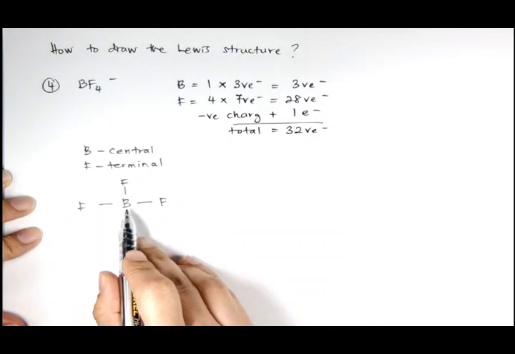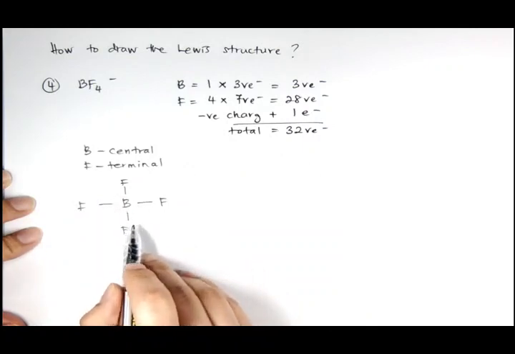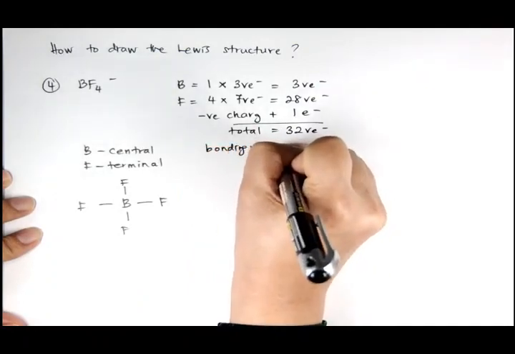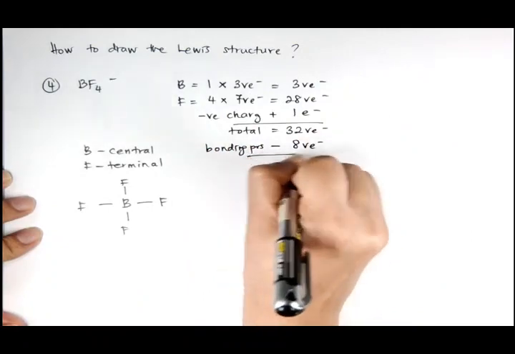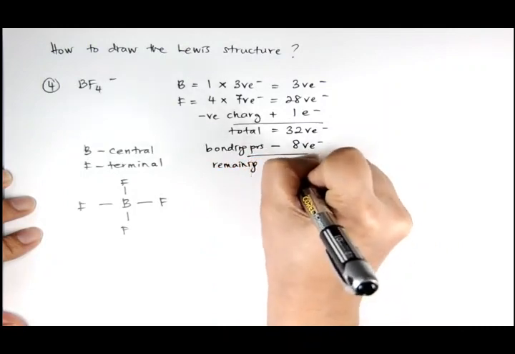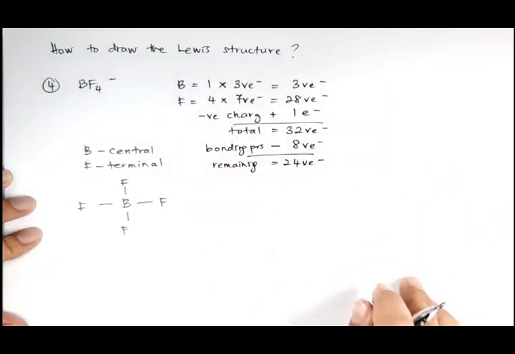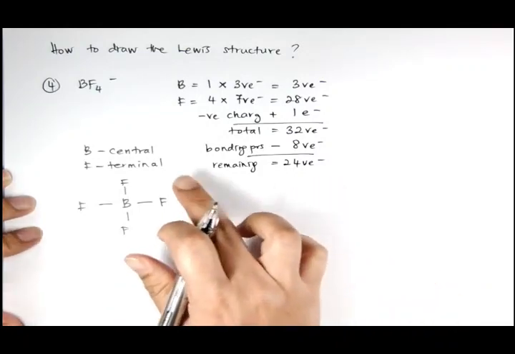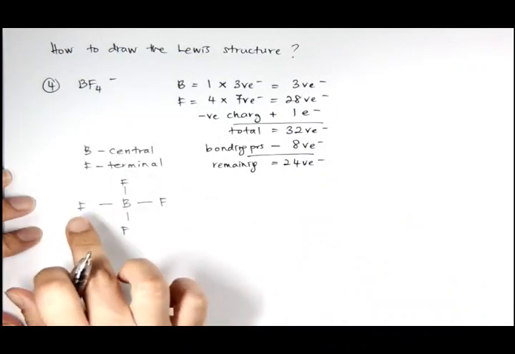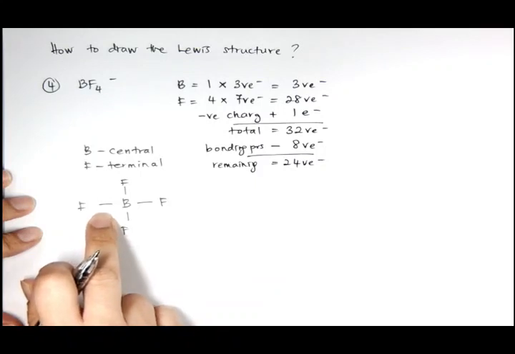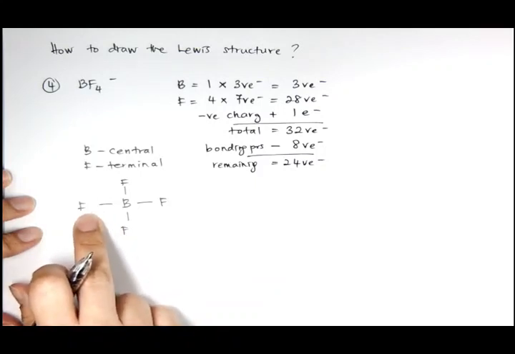These 4 single bonds between the boron and the fluorine use up 8 electrons. So the bonding pairs have used up 8 valence electrons, and that leaves us with 24 remaining valence electrons. The 24 remaining electrons we have to distribute to the terminal atoms to make them octet. Since each terminal fluorine atom now has only 1 bonding pair involving 2 electrons, to achieve octet configuration each fluorine atom requires 6 more electrons.